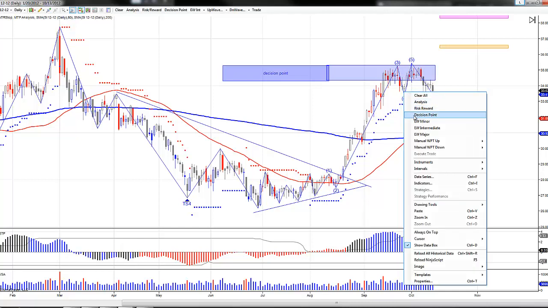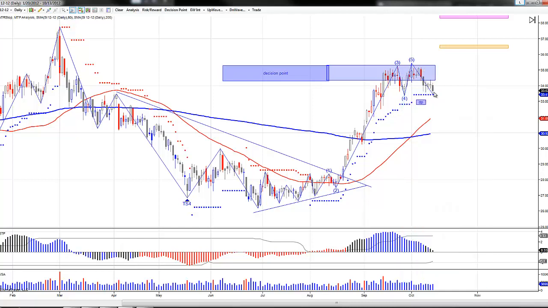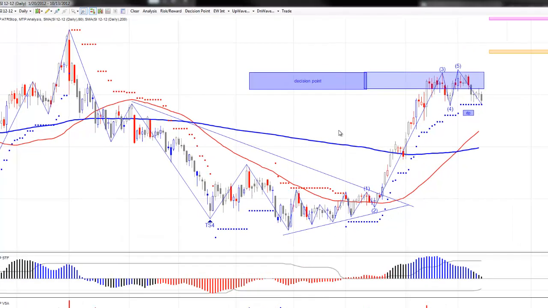The wave 4 DP here, which is where the market likes to correct at a minimum, is back to this area, sitting around 33. I'm going to call it 33.10, right around that $33 area in silver. So we'll see if it finds support there. Worst case, maybe it finds the 50 period around that $32 area, and then we'll see if they continue. Again, you've got your 50 period crossing above the 200 period on this market as well.